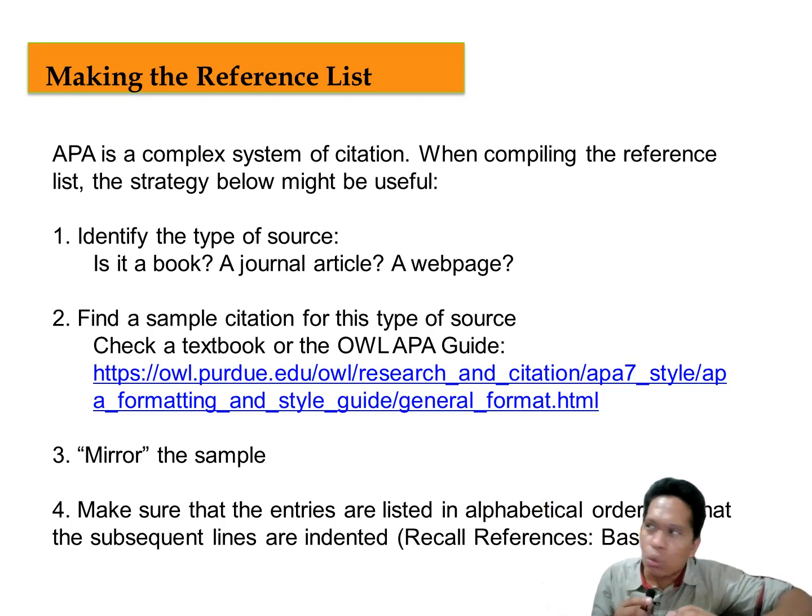I would like to discuss more on this topic, particularly on making citations and referencing. Then mirror the sample. Mirror, meaning not copy, but make it appear like what you have seen from the sample.